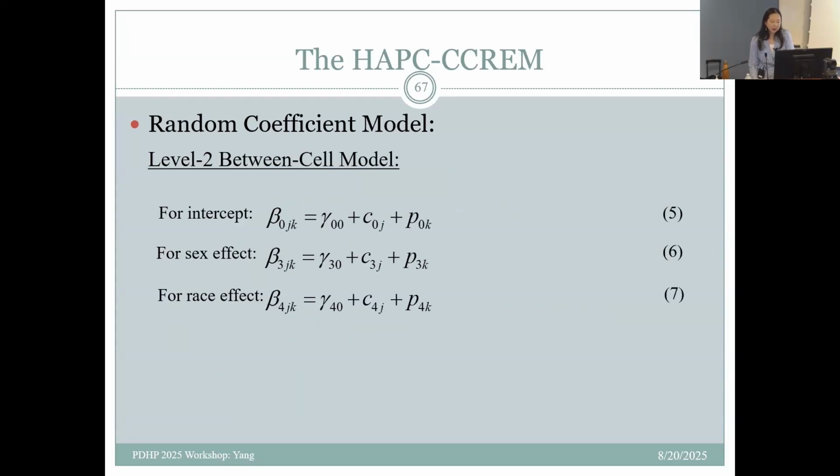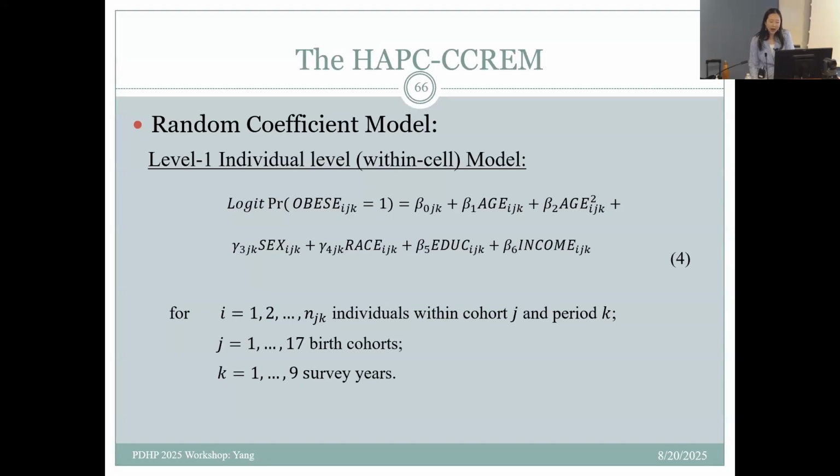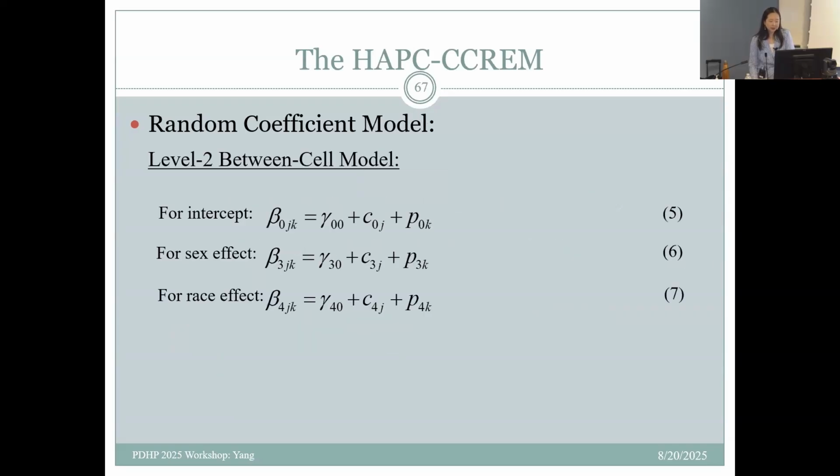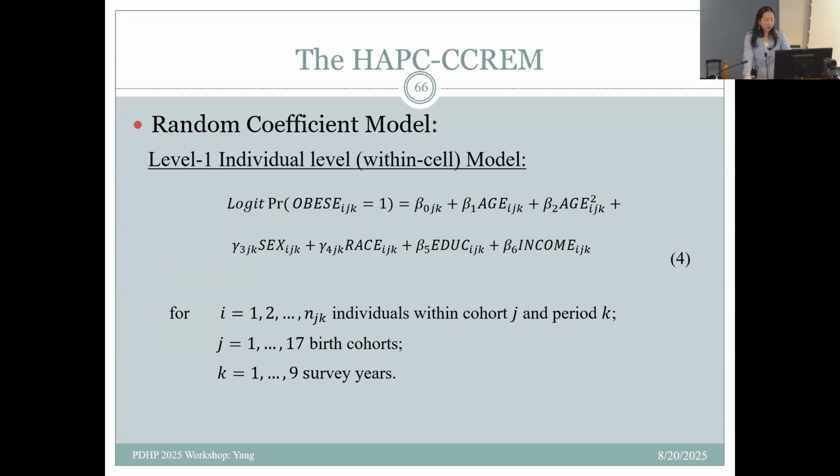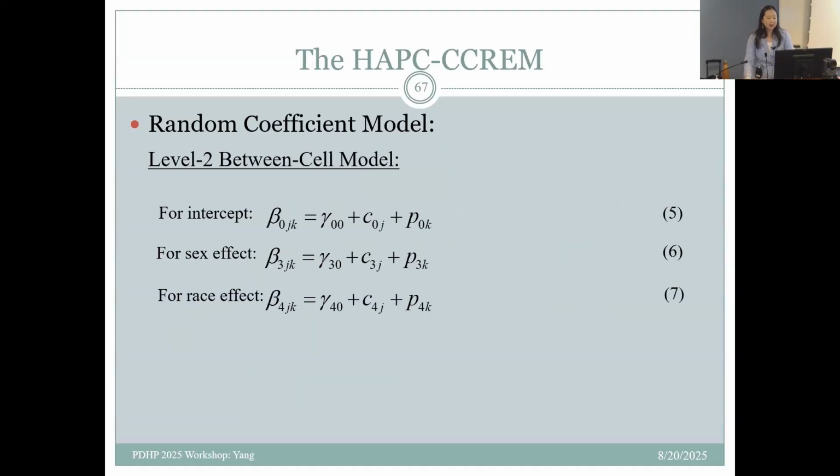So I'm not imposing education to have a fixed beta 5, but I also did test whether beta 5 has variance, whether it varies significantly by either J or K, or simultaneously by J and K. So I do not think it's an imposition of the model for education to be independent of period and cohort, because you could use this model to explicitly test that, as I did here for sex and race, which do not show up to be independent, right?